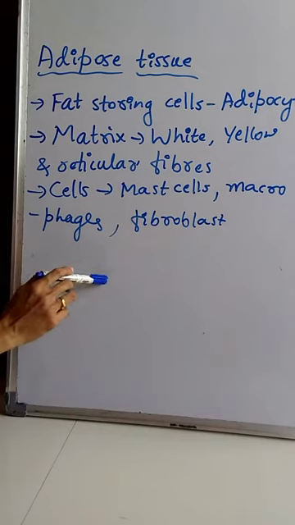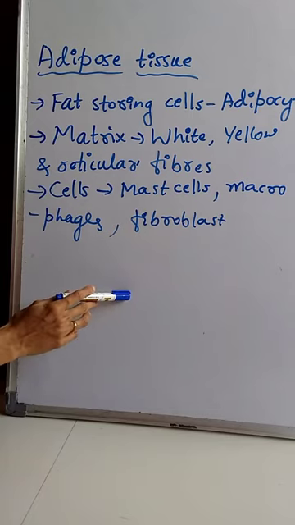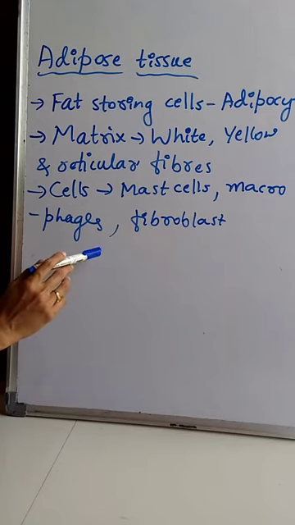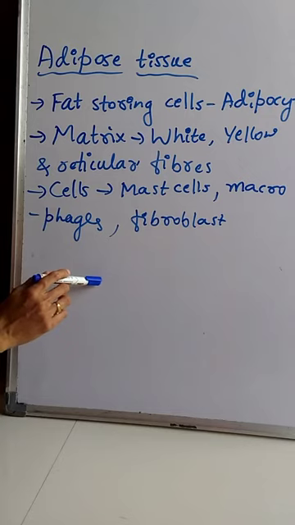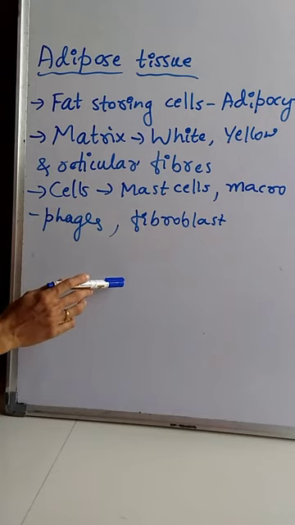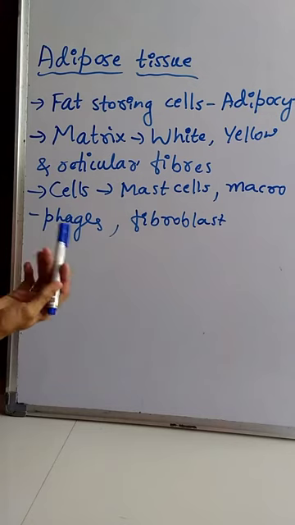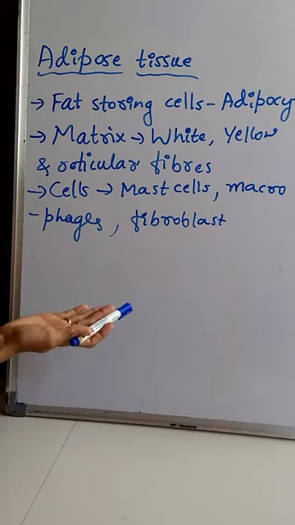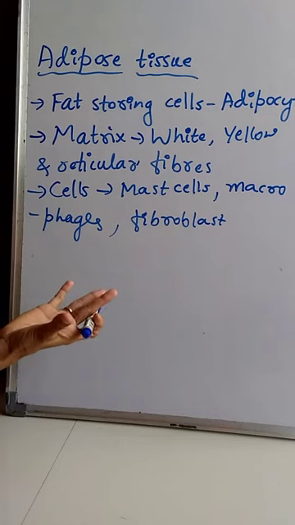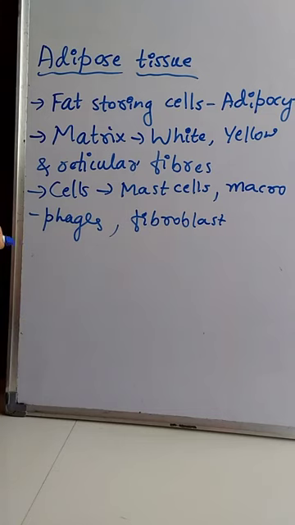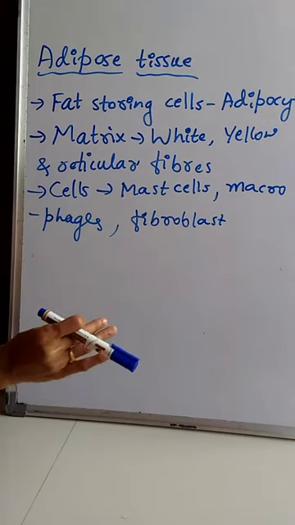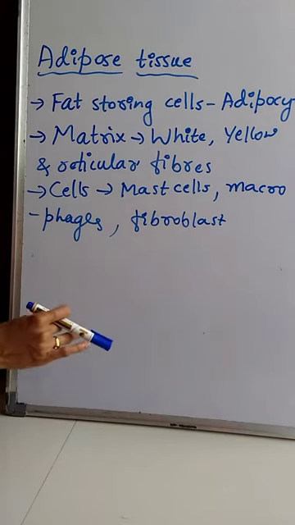In case of fat cell, it is oval shaped and the central portion is always filled with the fat droplets, and the cytoplasm and nucleus are always present at the periphery, like plant cells. In case of plant cells, at the center, a large vacuole will be present. Because of the presence of the large vacuole at the center, the nucleus is pushed to the periphery in case of plant cells.